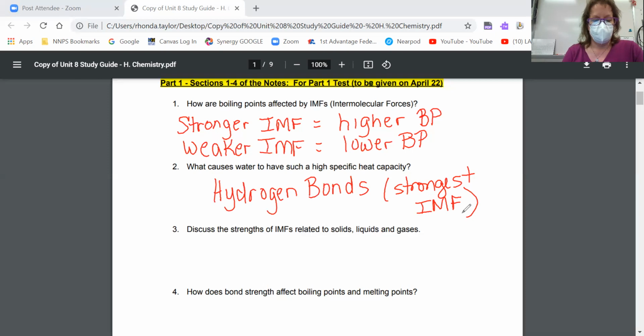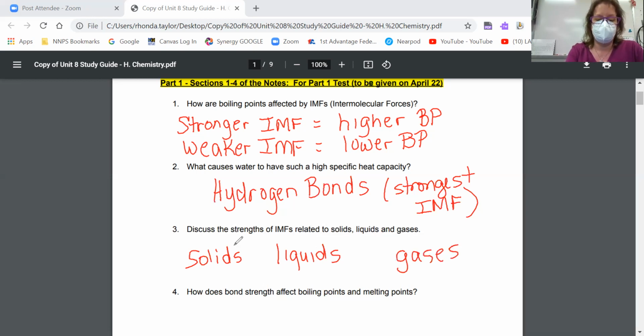All right, now number 3 says discuss the strengths of IMFs related to solids, liquids, and gases. So if we write out here, we got our solids, we got our liquids, and we got our gases. Remember with solids, you have a solid shape, you got the molecules that are very close together.